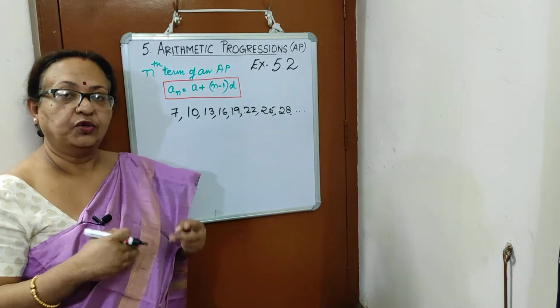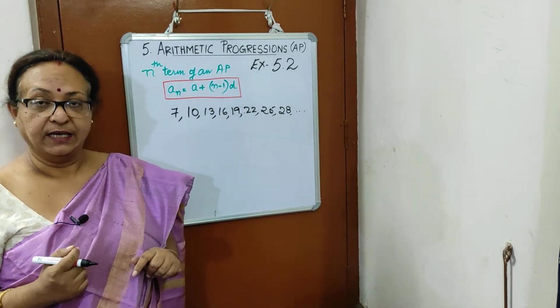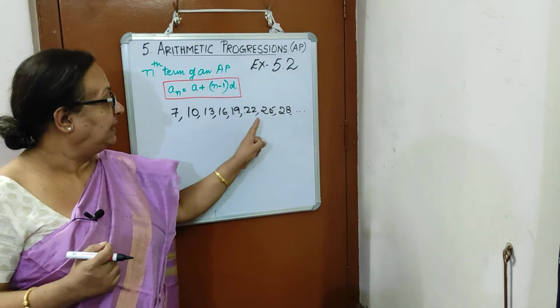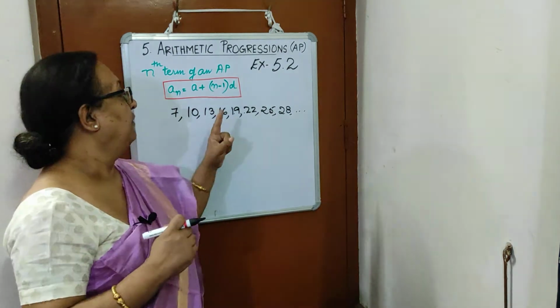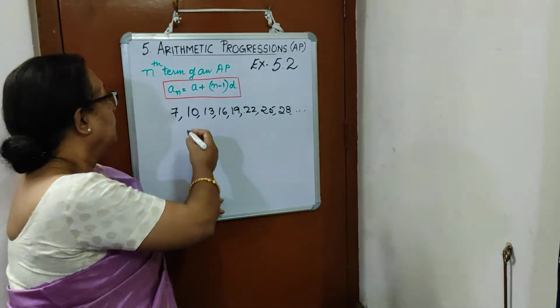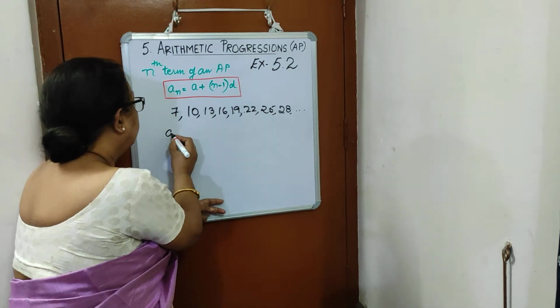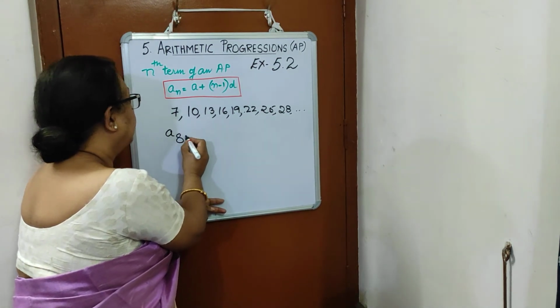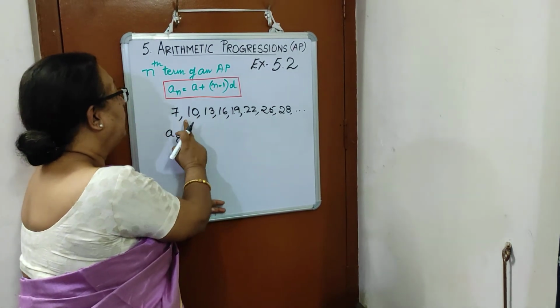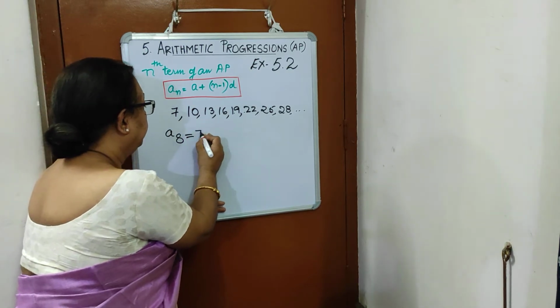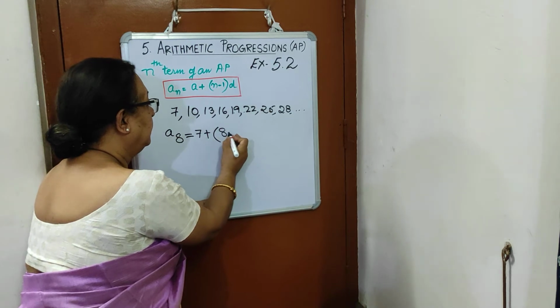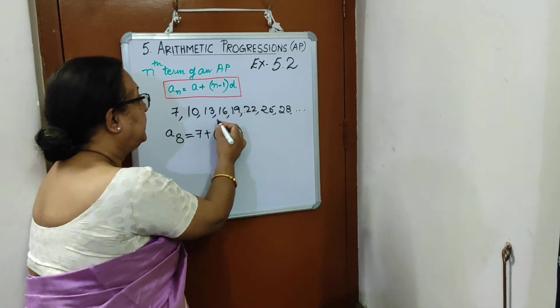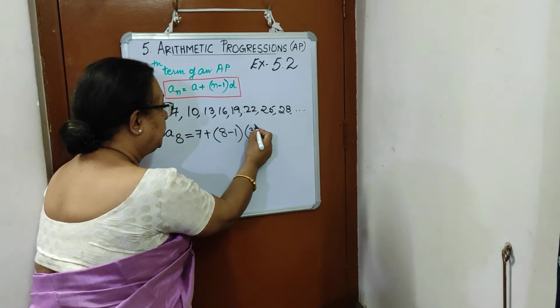Okay, now as you do the sums, you will gradually understand. Now to find the 8th term, let us apply the formula and see what happens. We need to find the 8th term. So instead of n, we write 8. A, what is A here? The first term, 7, plus n is 8 minus 1. What is D here? 3.